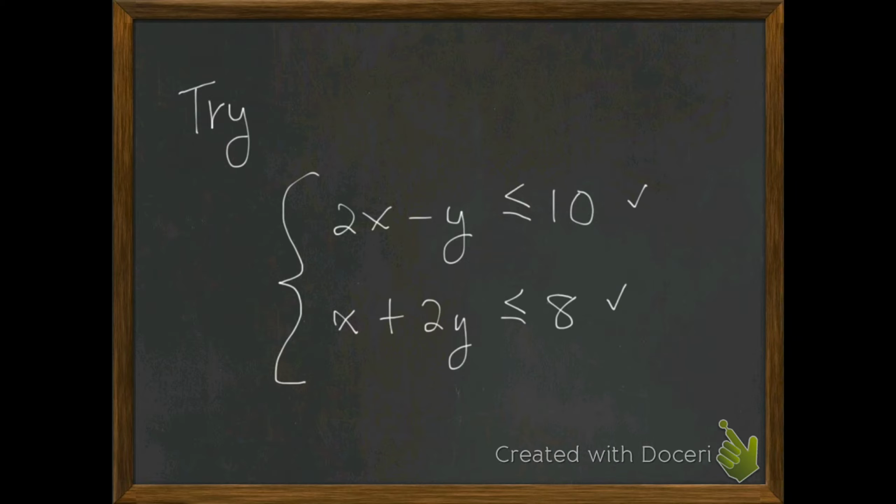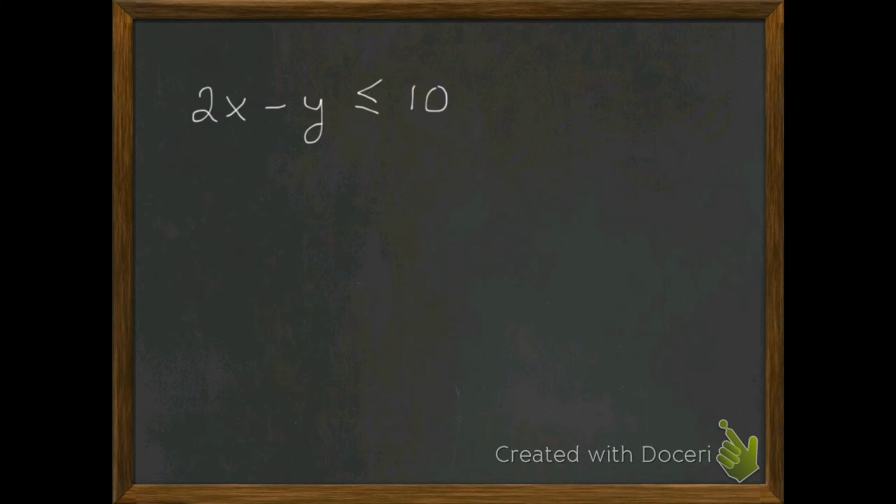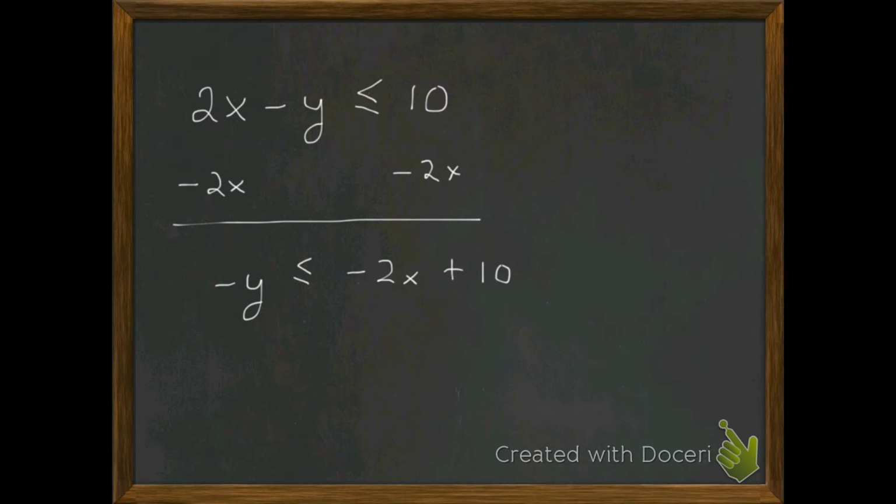So if I start out with 2x minus y less than or equal to 10, I would want to subtract 2x from both sides. So on the left-hand side, I'm going to have negative y less than or equal to negative 2x plus 10. Now, I'd want to multiply both sides by negative 1 because I don't want negative y, I want positive y.